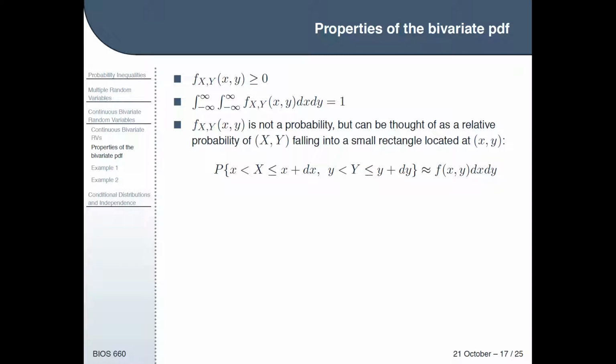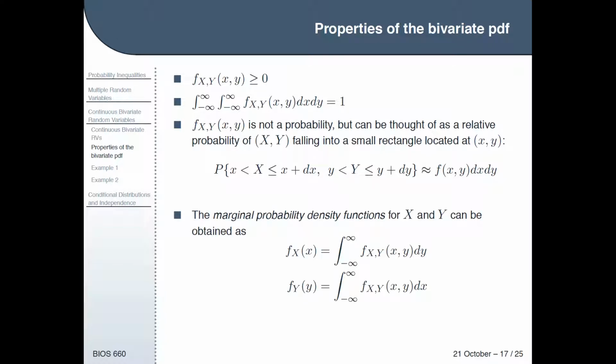But it can tell you that you're more likely to observe x equals 0 than x equals 3, for instance. You can think of it as a relative probability that x and y are located near the given x and y.